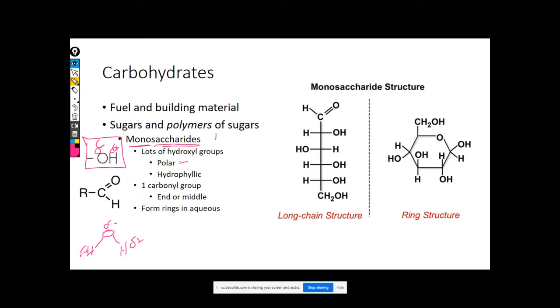And we know this intuitively. If you take a spoonful of sugar and dump it into water, what happens? It dissolves, right? So we know that sugars bond or play well with water. We call that hydrophilic: hydro for water and philic, it's water loving.